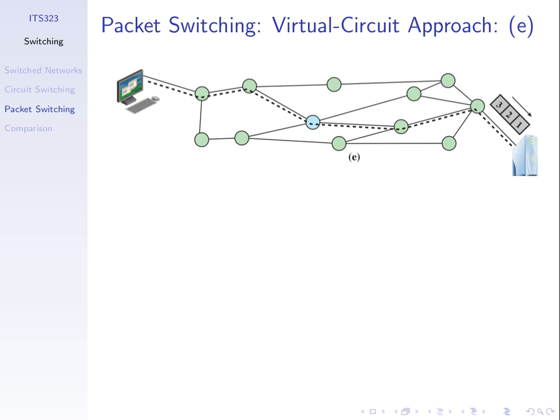Not true with packet switching. There's no guarantee that I'll get 5 or 6 megabits per second. If I send at 5 and 2 others send at 5 and 5, total of 15 coming in, maybe I only get 3 coming out. So there's no guarantees with packet switching. The performance is not guaranteed, but it can be more efficient. Okay.